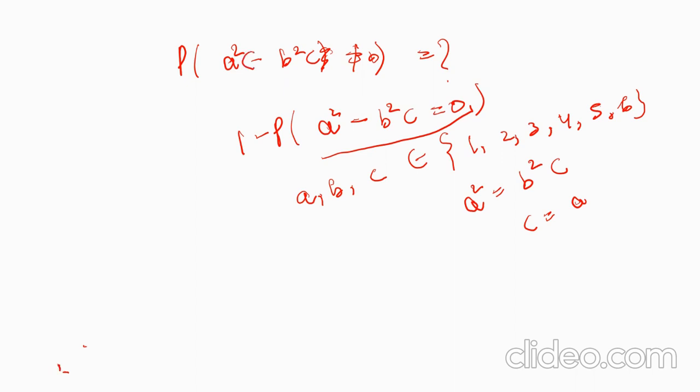So a square c equals b square, so c will be equal to b square over a square.